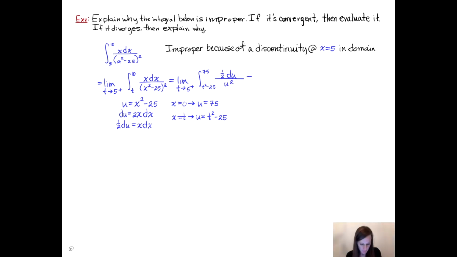And this is equal to the limit as t approaches 5 from the right of negative 1/2 u to the negative 1, and we're evaluating that from t squared minus 25 to 75.